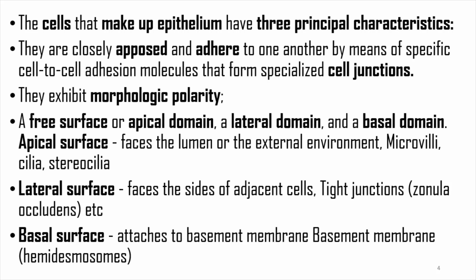They have a free surface or an apical domain, and they have a basal domain. They also have lateral surfaces that face the sides of adjacent cells. The adjacent cells are connected together by tight junctions. Alright, so we need to understand that the basal surface attaches these cells to a basement membrane.